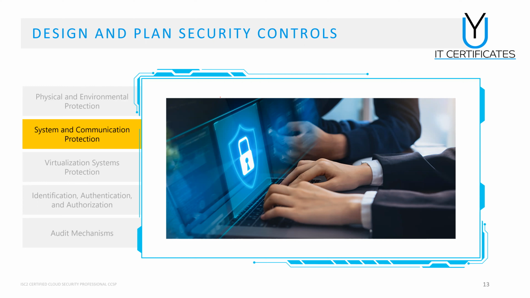Besides the communication, mainly for the internal network, in some situations you may have to encrypt the whole traffic inside the internal network, and also the traffic for the external network should be encrypted using TLS and SSL.